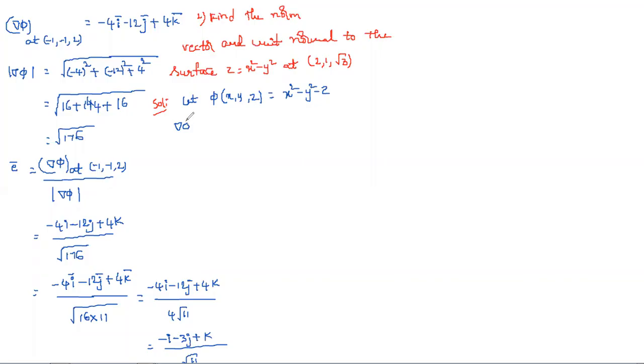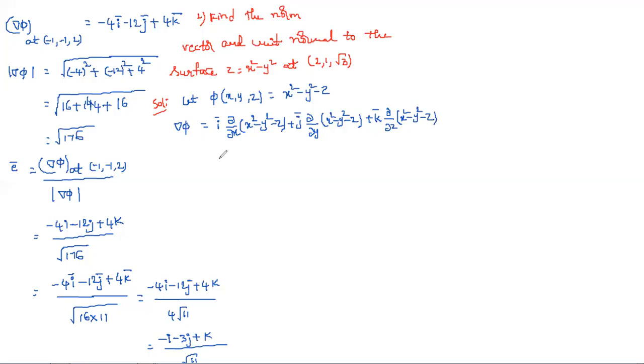So del phi is, as we already know, i into dou phi by dou x, that is dou by dou x of (x square minus y square minus z), plus j into dou by dou y of (x square minus y square minus z), plus k into dou by dou z of (x square minus y square minus z).